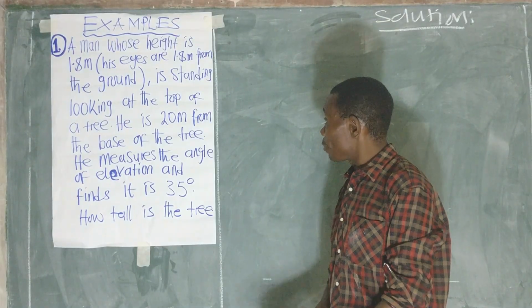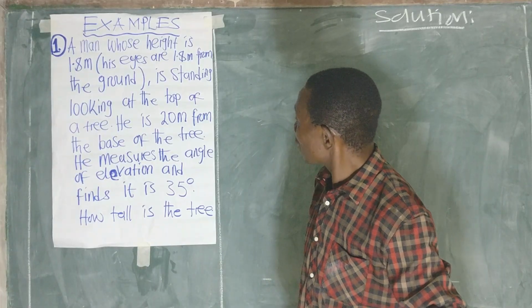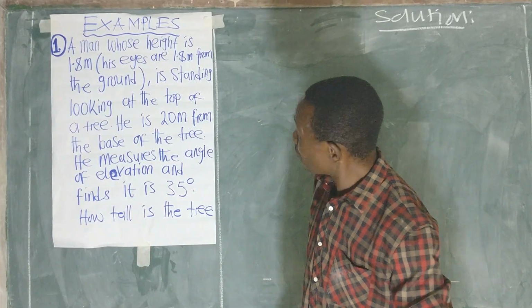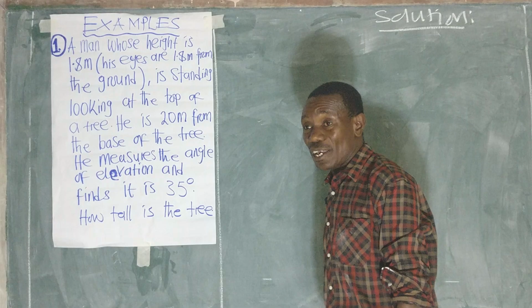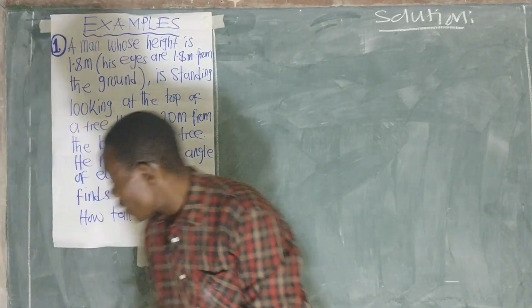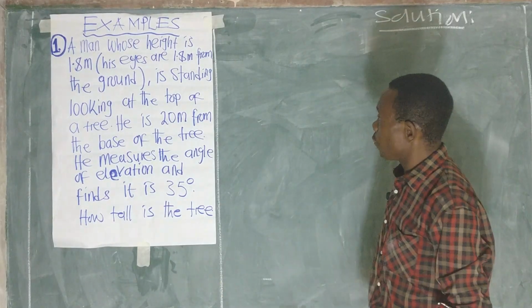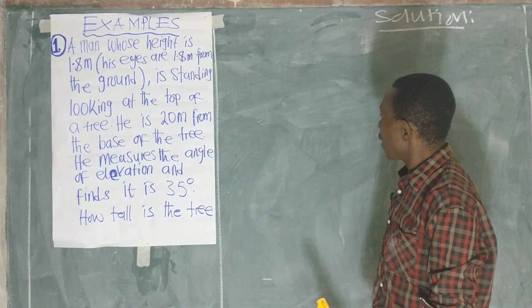Based on what we have just discussed and what we know about trigonometry, this is about the right angle triangle. So first of all, you're going to produce a sketch of the situation and see the direction of it.